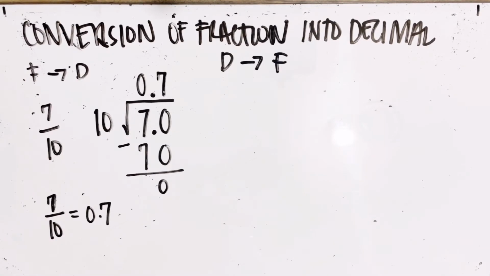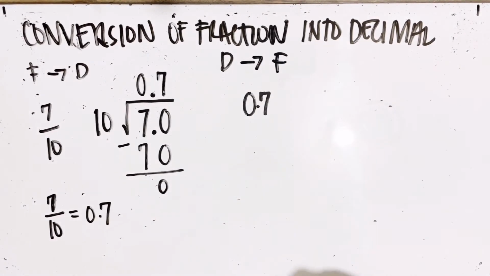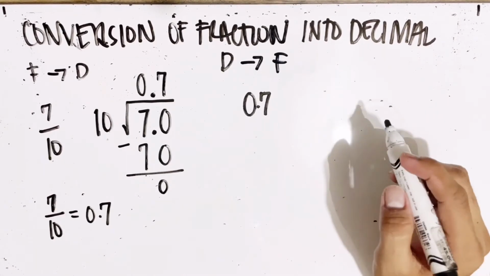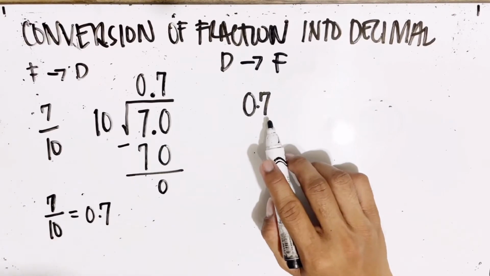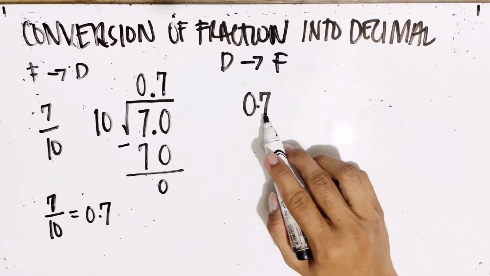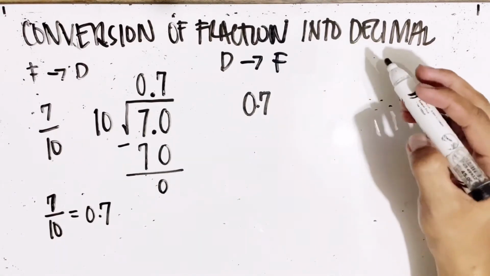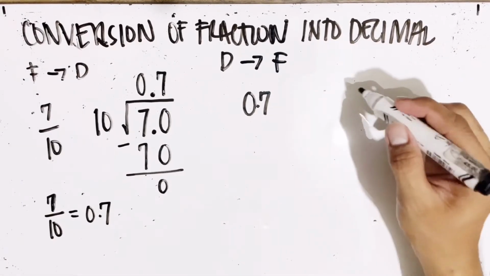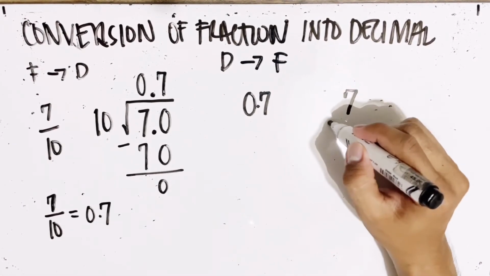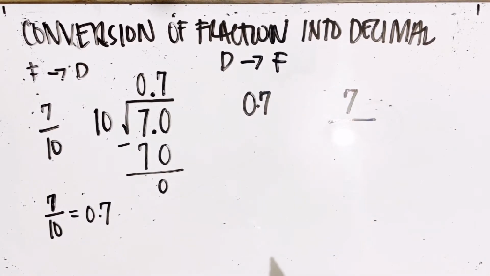Let's do the reverse process. Let's show that 0.7 is equal to 7/10. So with the same process, number 1, first write the number on the right side of the decimal point, which is 7, as the numerator. So write the vinculum or the fraction bar.